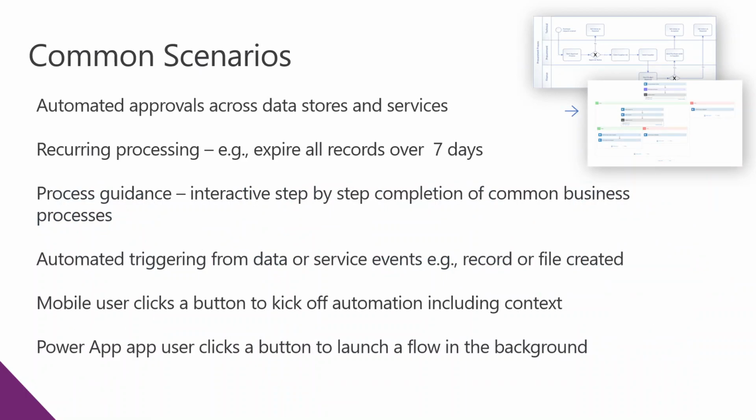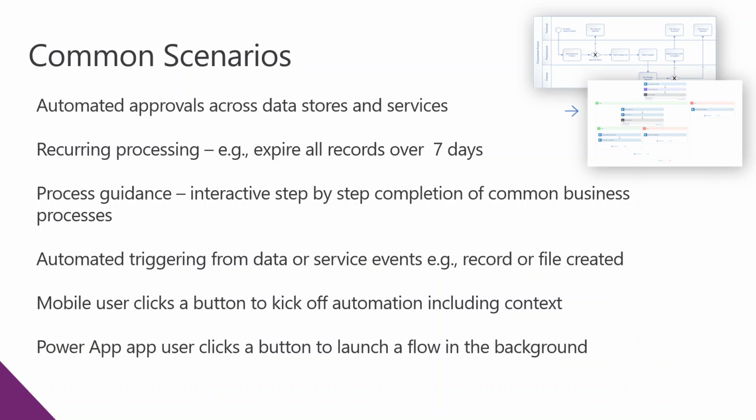Common scenarios for Power Automate is you can automate approvals across data stores and services. So like we're doing now, an app, something changes in an app, then generates an approval. And then once that's approved, could do that in the same app, or it could do something totally different in a different data service. A recurring process.